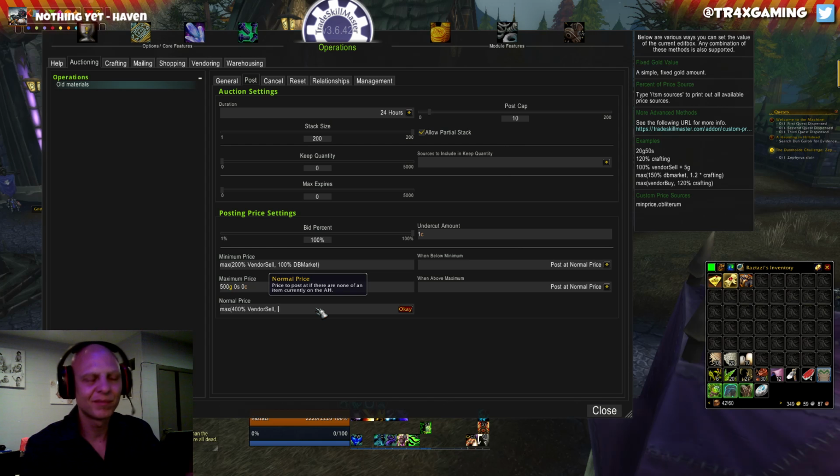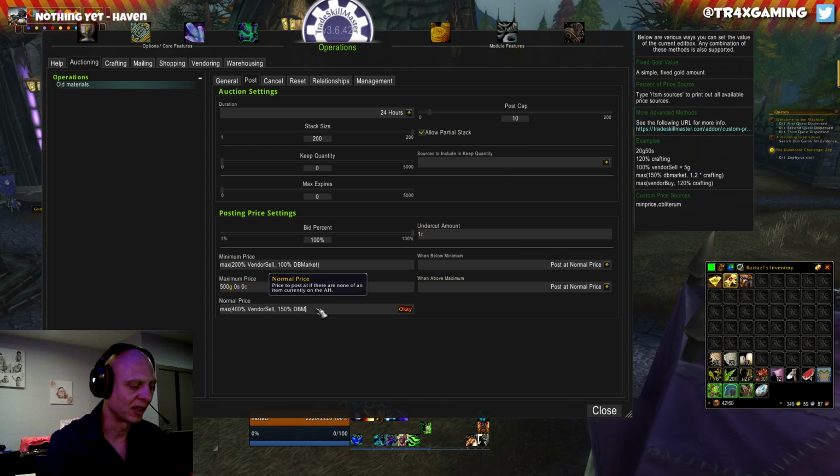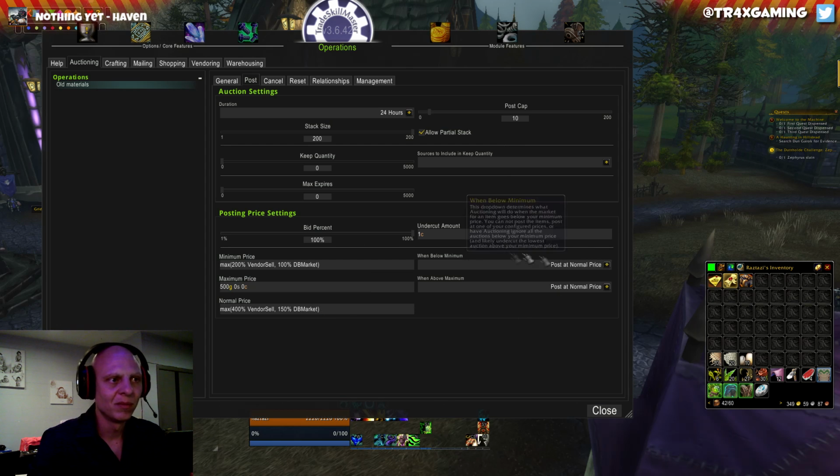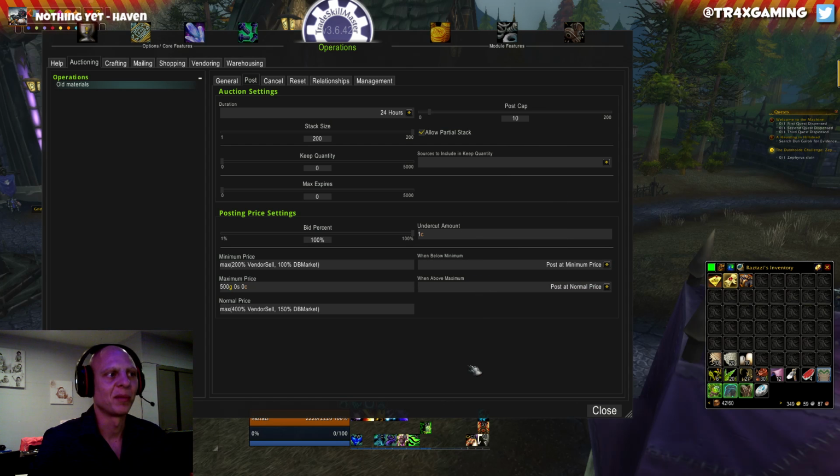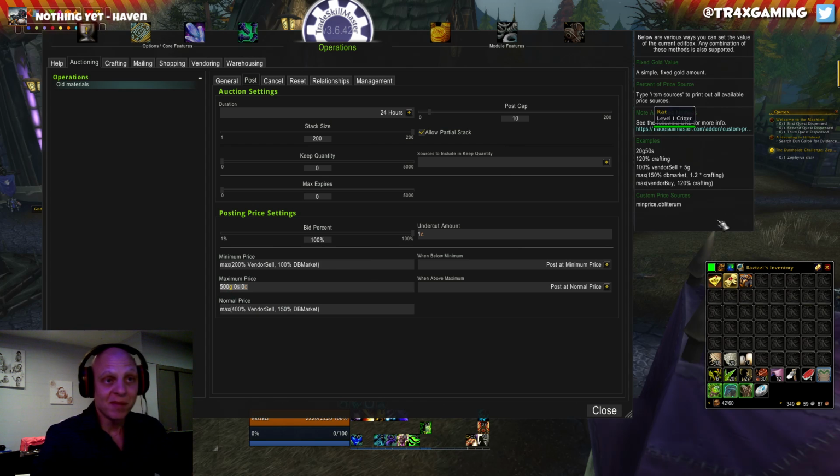So I don't need to push it. You could use like 150% DB market. But what I'm going to do when below minimum, post at minimum price. So this is the cheapest I will compete with. Otherwise, we're going to post it at this price.